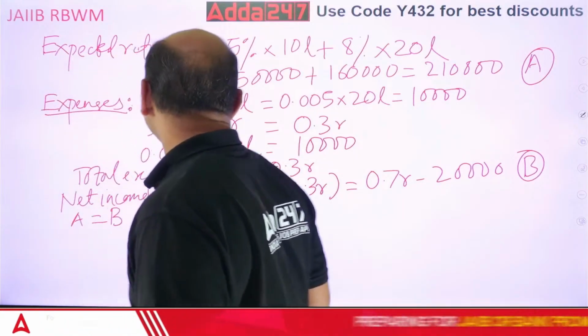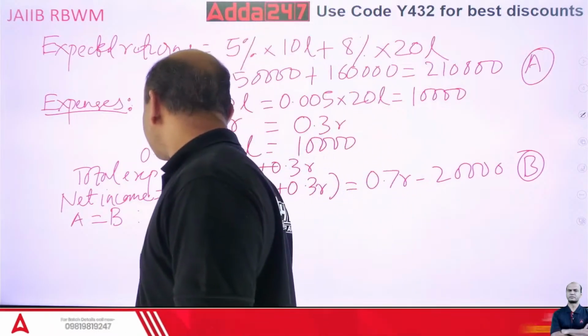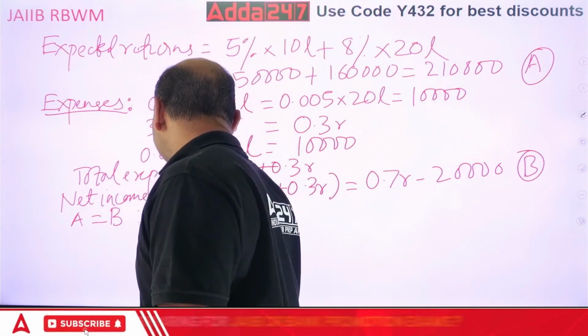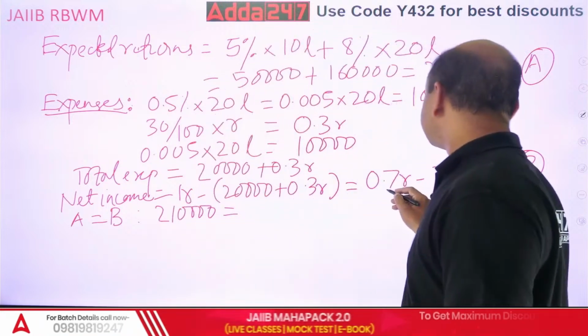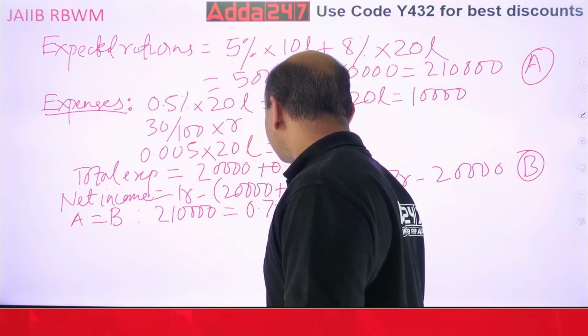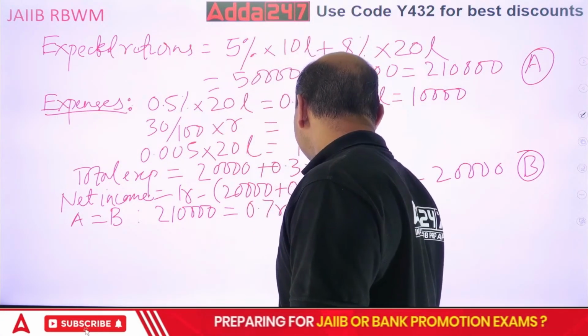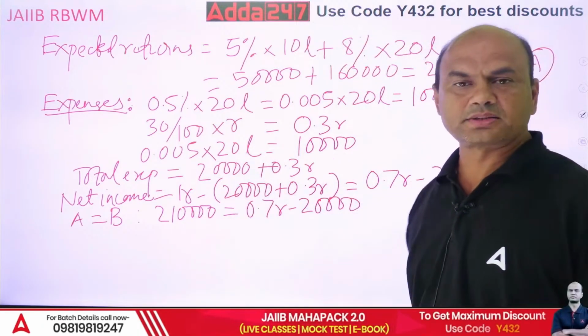A equals B means 2,10,000 equals 0.7R minus 20,000. Okay. Now take 20,000 on the other side.